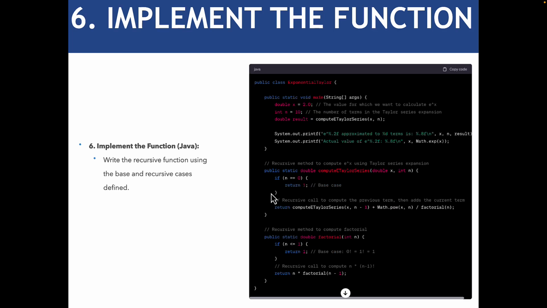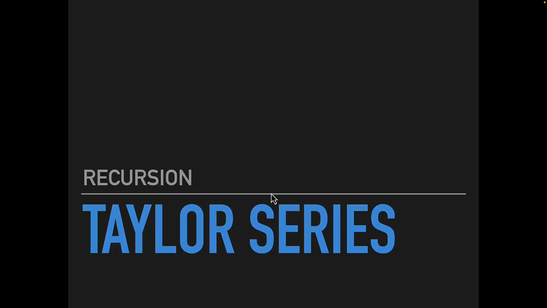You have here exponential Taylor. If n equals 0, return 1. Otherwise, return Taylor series x, n minus 1 plus math.power x, n divided by factorial of n. And factorial is the same recursive function we did yesterday. So this is simple; what is more complicated is what we did here.